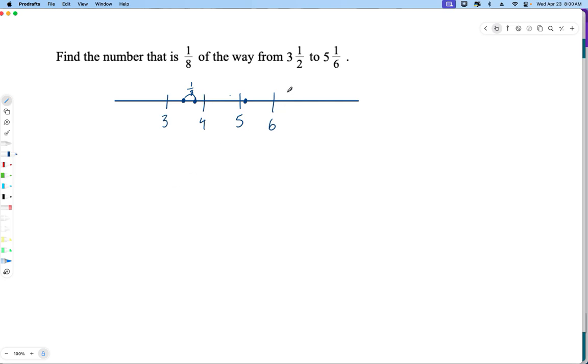Okay, so we're going to find the distance from the starting point to the ending point. We're going to divide it by the fraction that we have, and then that's going to be added back to the starting point in order to get to that point that is 1/8 of the way from here to here.